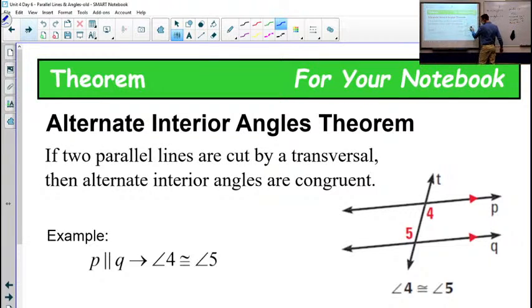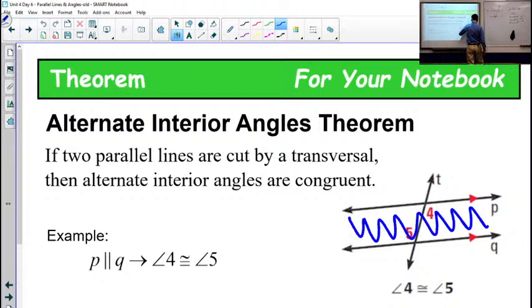And an interior, if I think about my parallel lines here as borders, and if I shade in between those borders, this space in between the parallel lines is going to be my interior. So these two angles are in the interior, in between the parallel lines. So then guess what?